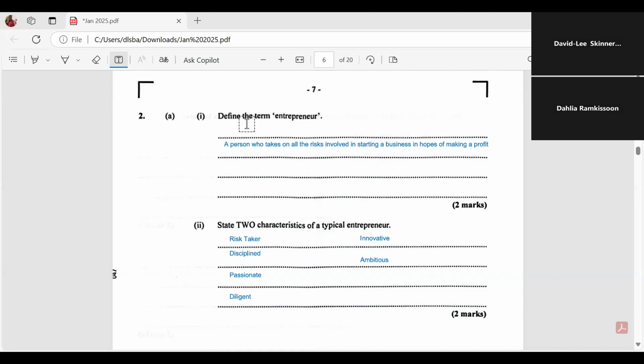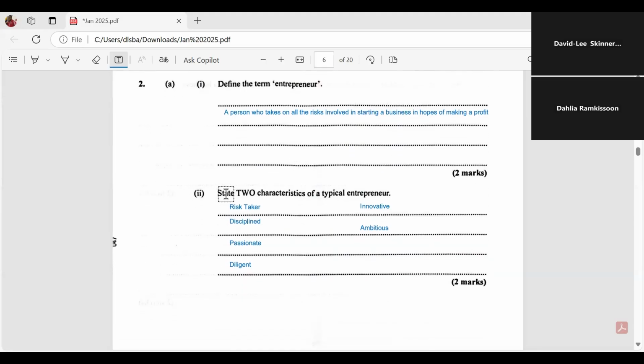Yeah, I agree. They ask you to define an entrepreneur. The person who takes all the risk involved in starting a business, hoping to make a profit. Every business student should be able to define an entrepreneur. Then, now the characteristics of a typical entrepreneur are actually very similar to the characteristics of a leader.